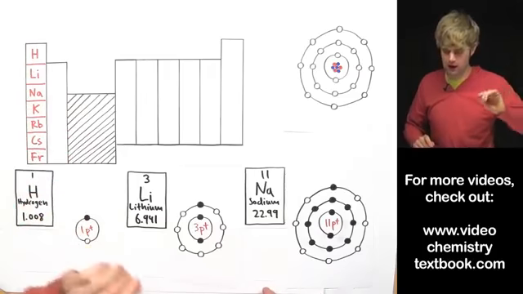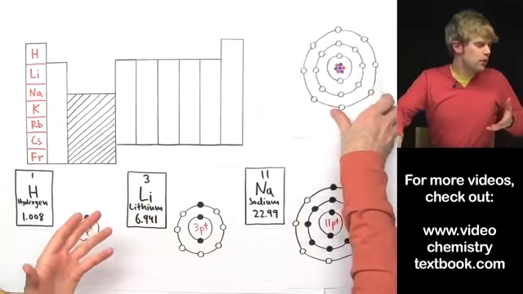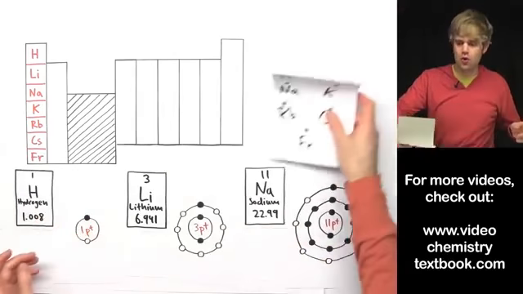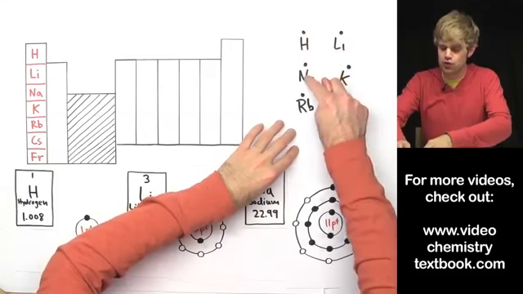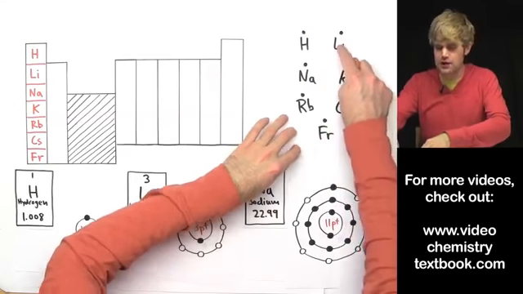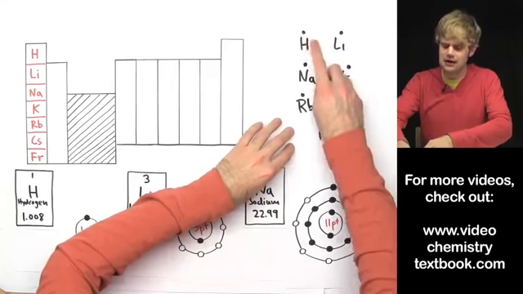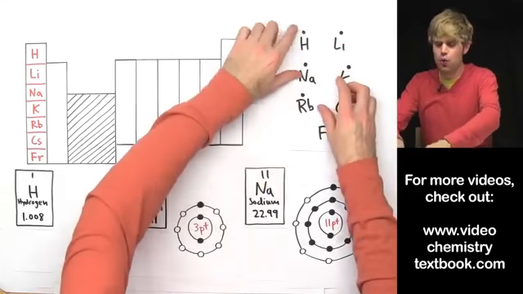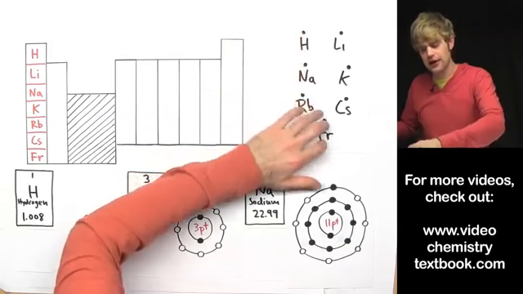So now there's a way that we want to be able to write that, to show that these elements have 1 valence electron. What we can do is draw what we call electron dot diagrams. They're sometimes known as Lewis diagrams, where we take the element and put 1 dot over it to show that it has 1 valence electron.